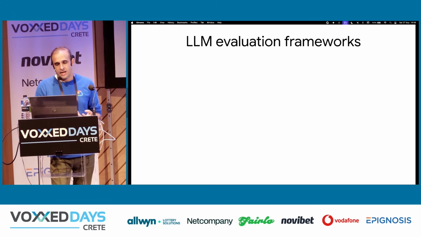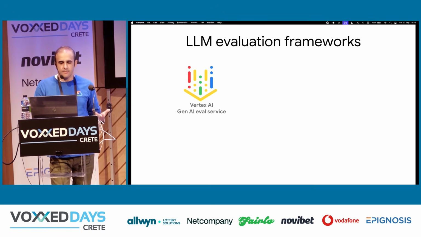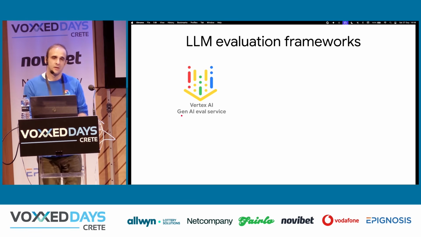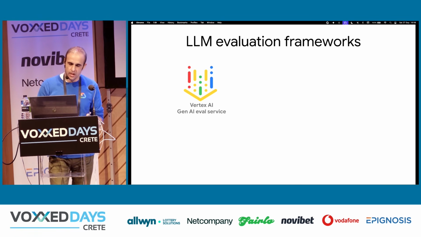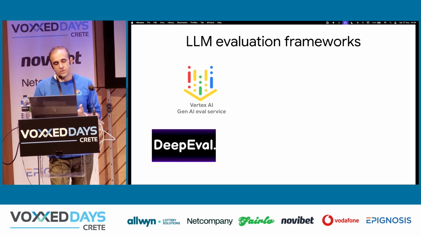And when you look at this area, it depends on where you run. For example, if you're running on Google Cloud, there's something called Vertex AI, which is the AI part of Google Cloud. And within Vertex AI, there's something called Gen AI Evaluation Service. So you would typically use this because it's already there and you're already running in Google Cloud. But if you want to stay in open source, there's another one called DeepEval, which is an evaluation framework in Python.